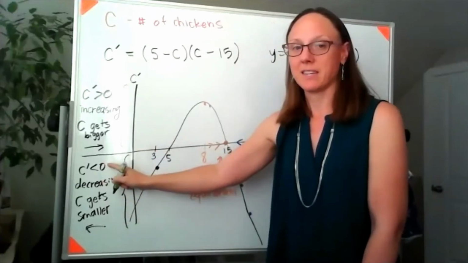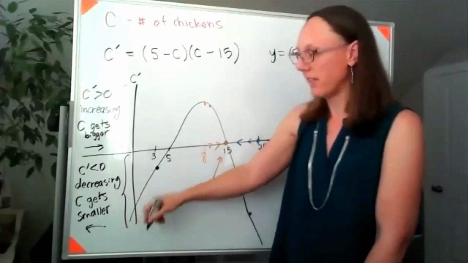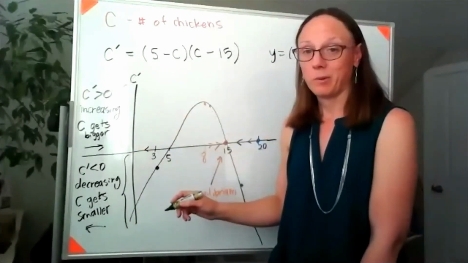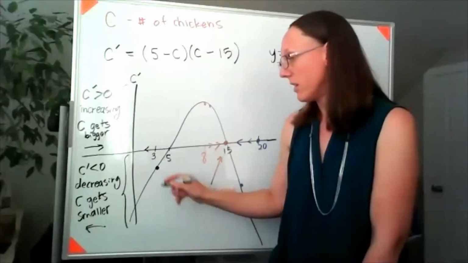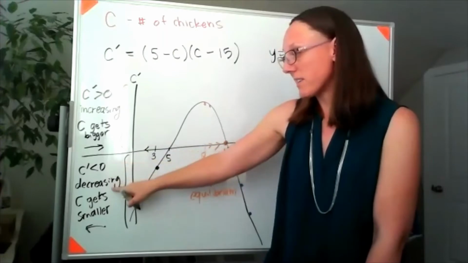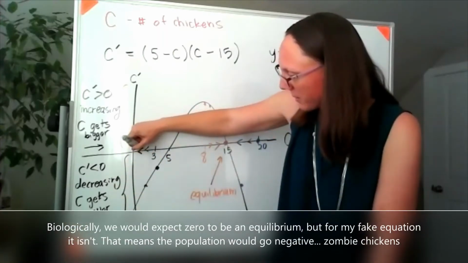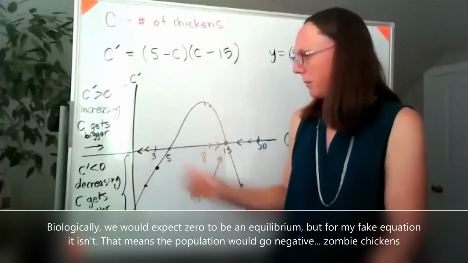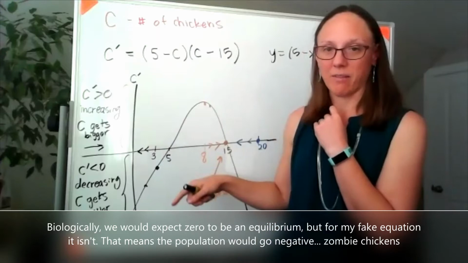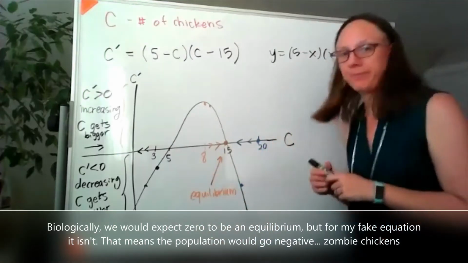So C prime is less than 0, so I'm decreasing, so C gets smaller and we move to the left. Well, now suddenly there aren't 3 chickens. There's only 2 chickens. Well, I'm down here, which means C prime is less than 0, so I'm decreasing, so C gets smaller, so I move to the left. And before you know it, my chicken population has died off. Now, technically, this graph leads to zombie chickens, but we'll get there in another problem.